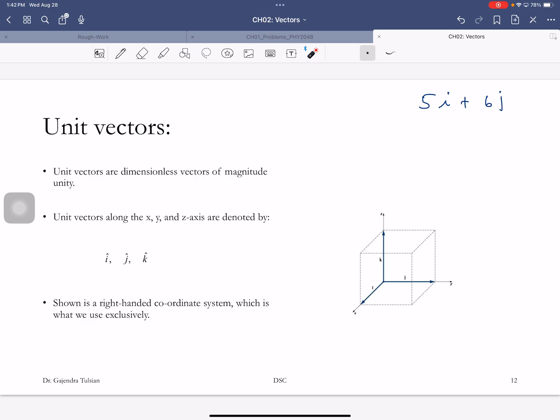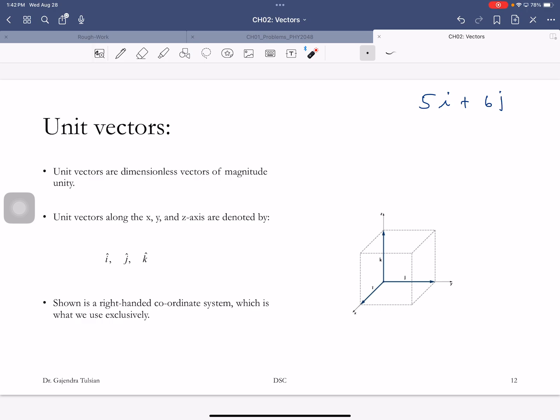By the way, this is a right-handed coordinate system. We always use a right-handed coordinate system. The right-handed coordinate system is like that. You're using your right hand. If this is your x-axis, that's your y-axis, that's your z-axis. You turn from x to y-axis. If you turn a screw like that, the direction in which the screw moves is the z-axis.